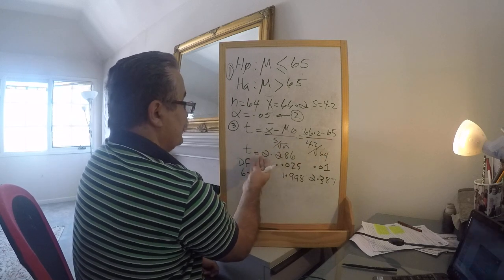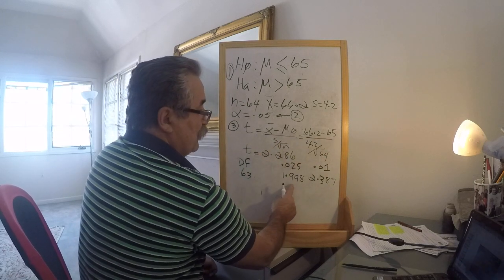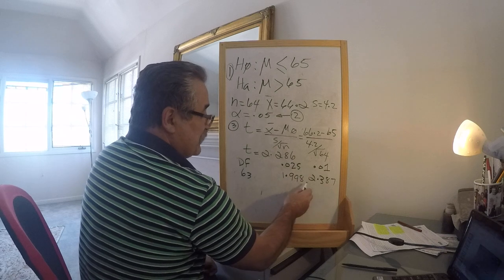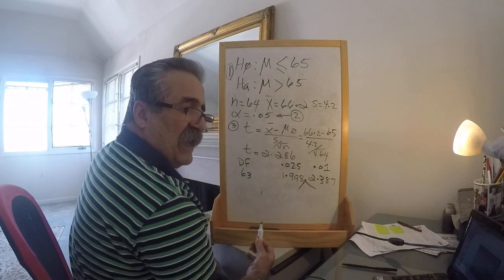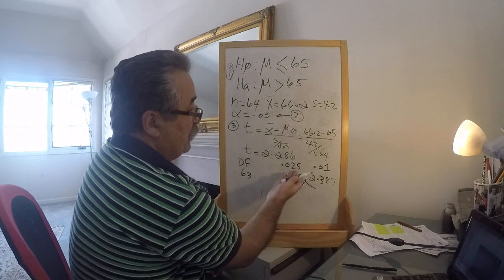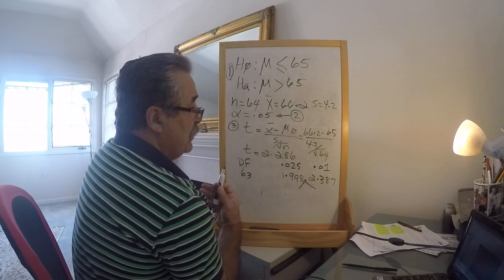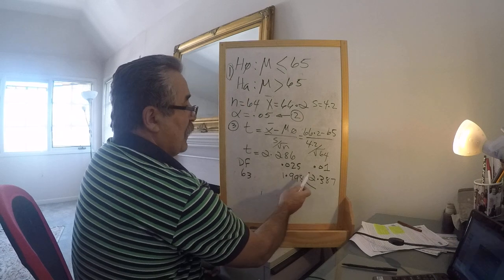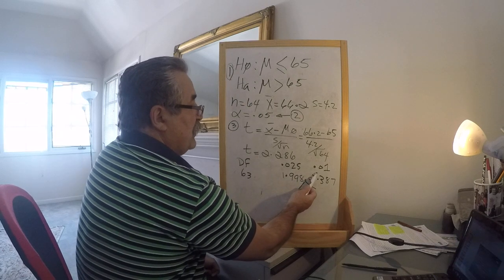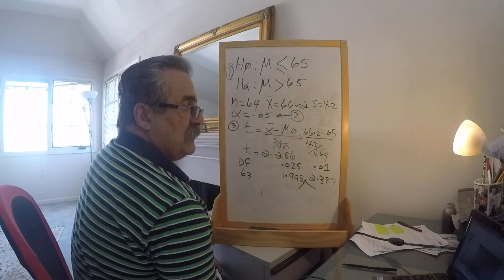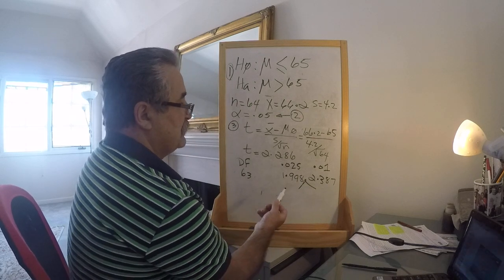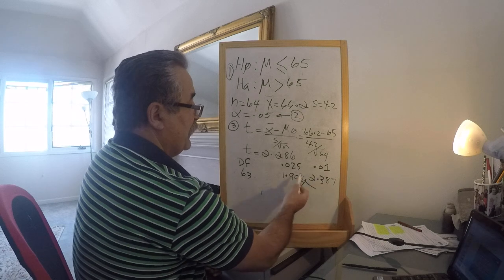Our t is less than this, it is more than this. In a case like this, it's somewhere in between. We do not know exactly what the p-value would be, but we would say it is between 0.01 and 0.025.